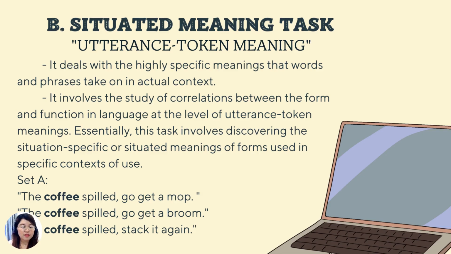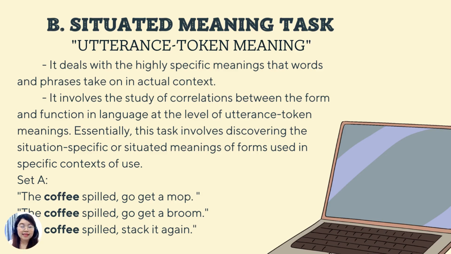It also involves the study of correlation between the form and function in language at the level of utterance token meanings. So earlier we had the utterance type meaning task. Right now, the situated meaning task is also called the utterance token meaning. Essentially, this task involves discovering the situation-specific or situated meanings of forms used in specific contexts of use.